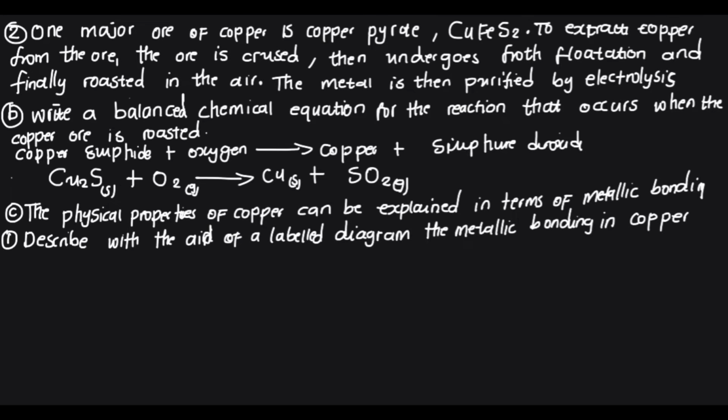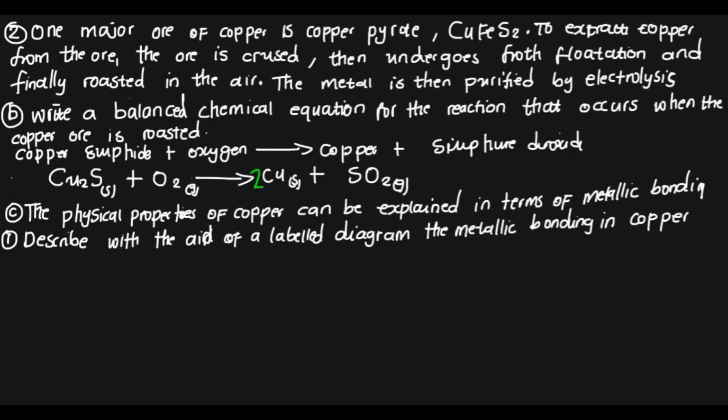From there, let's check if the equation is balanced. We have 2 atoms of copper here, then 1 atom of copper here, so we need 2 in front of copper. Then let's check for oxygen. We have 2 atoms of oxygen, 2 atoms of oxygen, so oxygen is balanced.